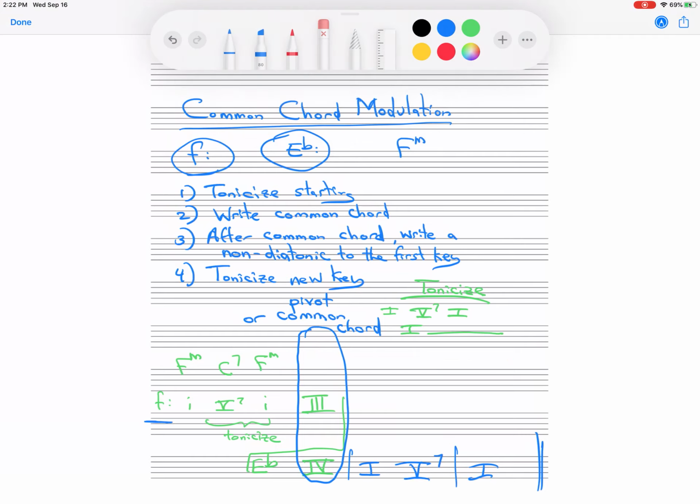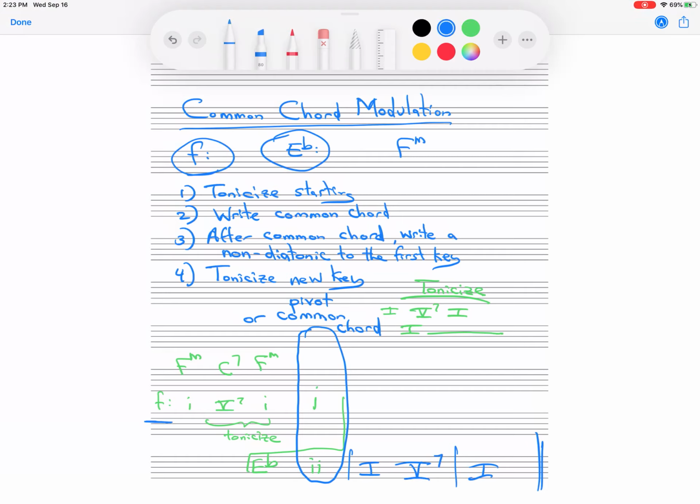Okay, so what happens if we use F minor? See if this is any better. And I don't guarantee anything at this point. But I'm going to put as the pivot chord 1 up here, and down below 2. Let's see if this is better. So how about 2?